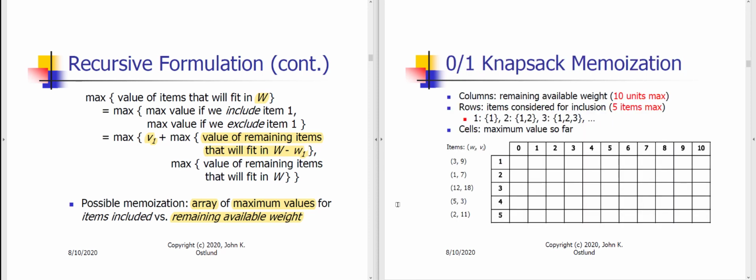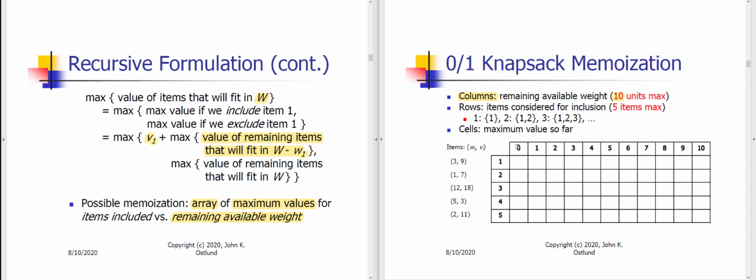Okay, so let's turn this into a table. The columns are indexed with the remaining available weight that we have in the knapsack. Just because I can't draw a table with 31 columns in it, instead of a 15-pound knapsack with 30 weight units, we're just going to assume that we have 10 units of weight to illustrate what's going on here.